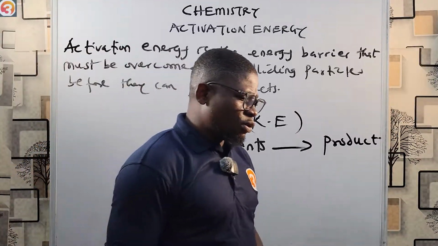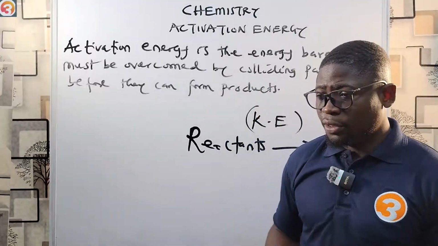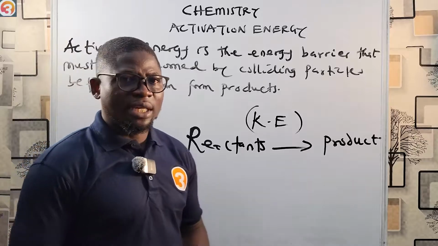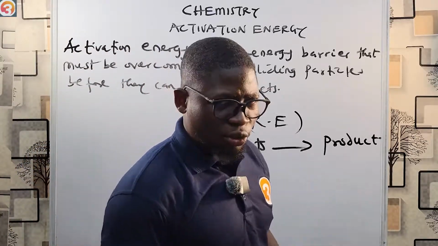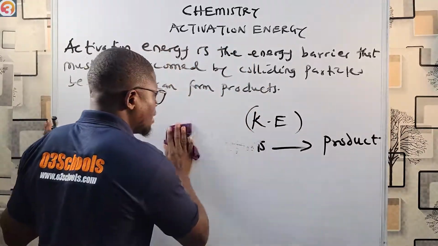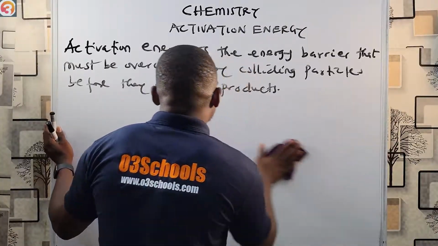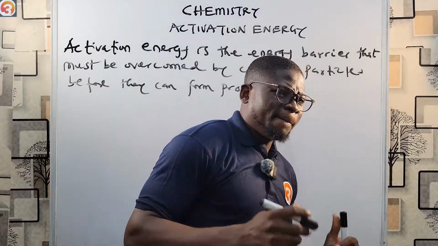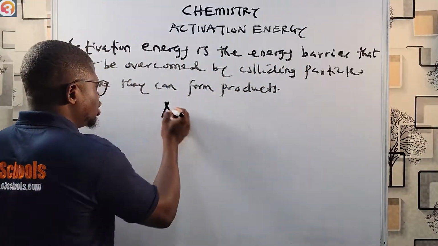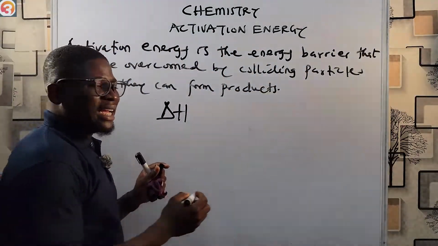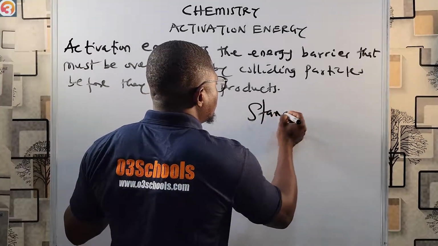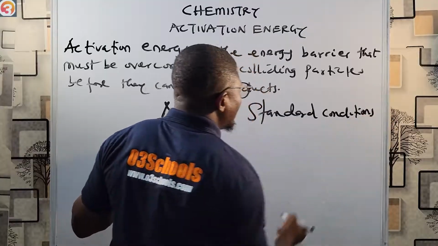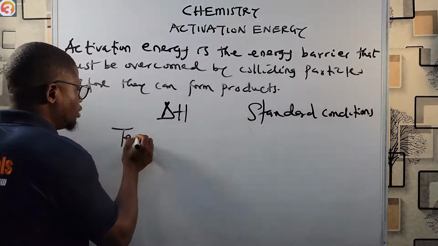Now, another thing I want to quickly throw light on is the heat content, delta H. In the last class we talked about enthalpy change, so we want to just say something about it here also. Now when delta H is measured under standard conditions, the standard conditions here, we're talking about temperature.